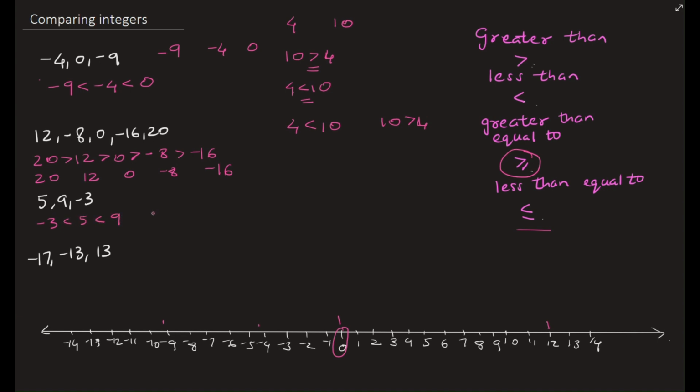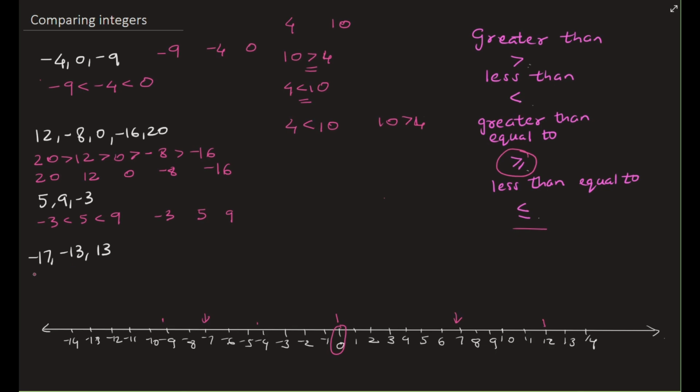The greatest number is 9. In ascending order, the numbers are negative 3, 5, and 9. Then the next I have negative 17, negative 13, and 13. In descending order, the numbers are 13, negative 13, and negative 17.